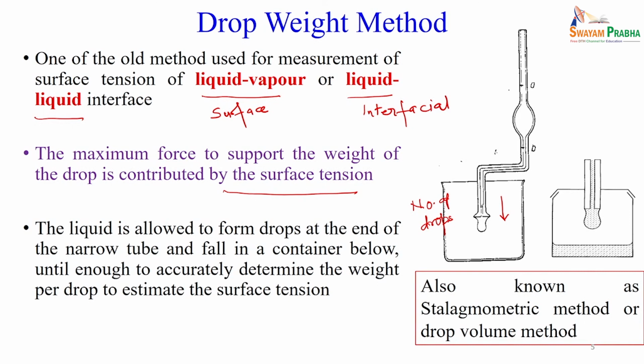So, we consider the weight of drops until enough to accurately determine the weight per drop, and once the weight per drop is known, then we calculate the surface tension of the particular liquid. This method is also known as the stalagmometric method or drop volume method, because we are going by the drop of a particular volume.